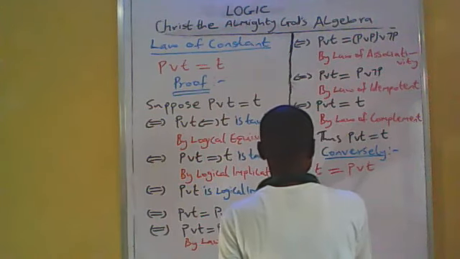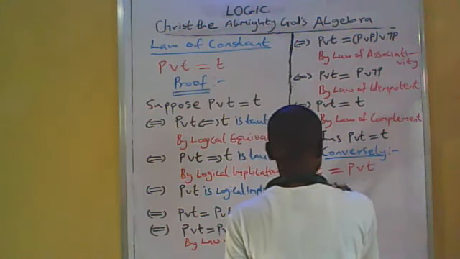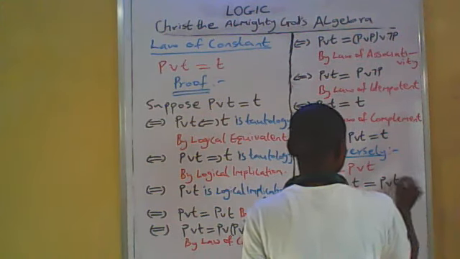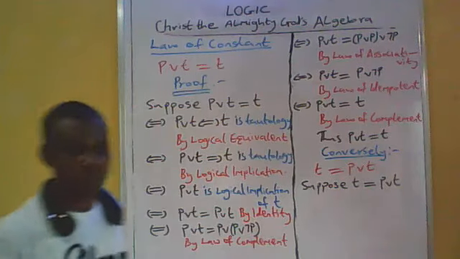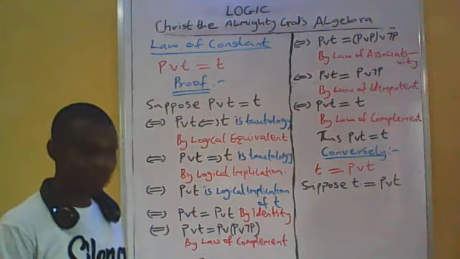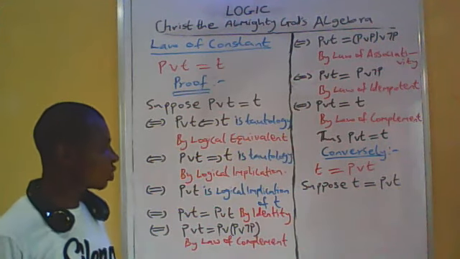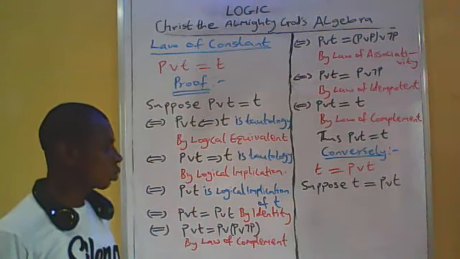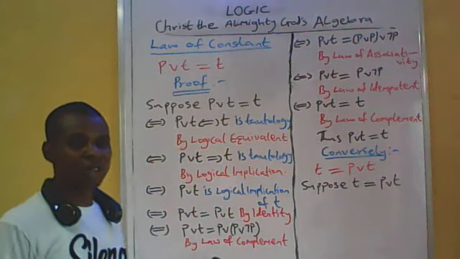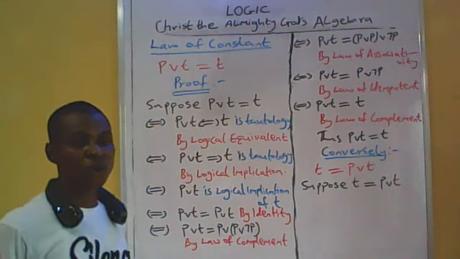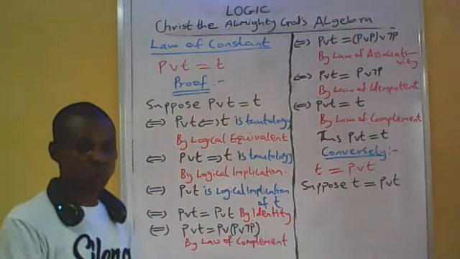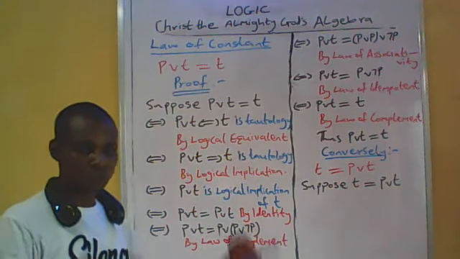So suppose T is equal to P or T. We assume that the statement is true. Since the statement is logical equivalent, whenever the left hand side of the equation is true, the right equation is also true. Whenever the right equation is true, the left hand equation is also true.